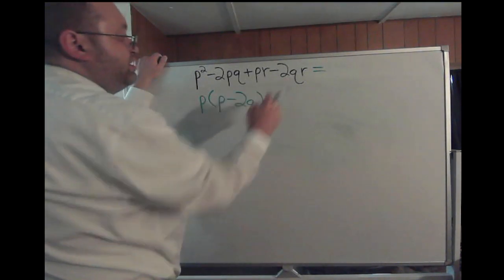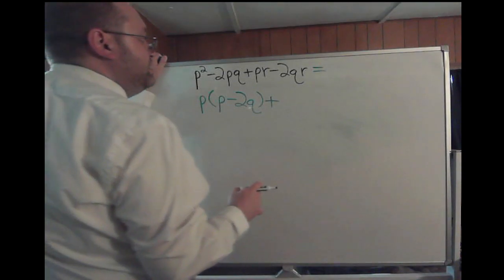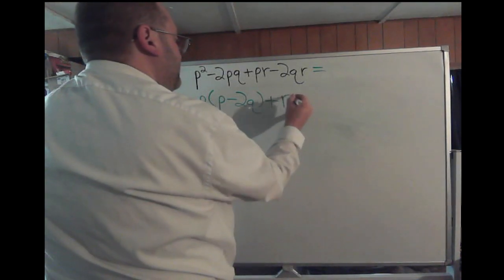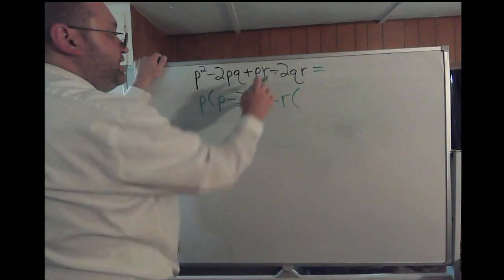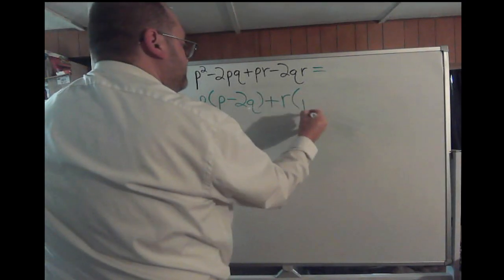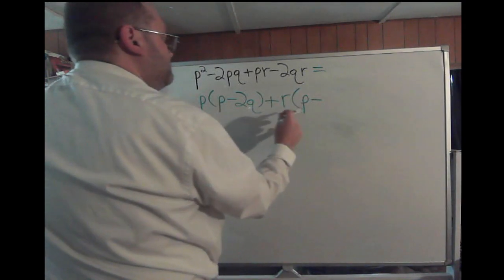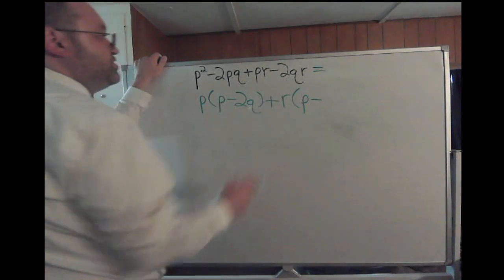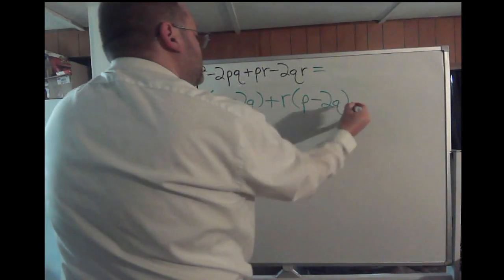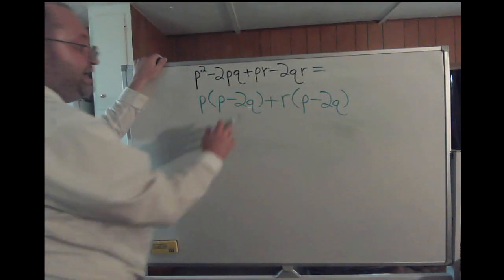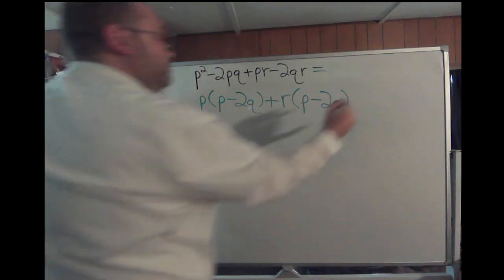Between those two terms, what do they have in common? They have an r. So then factor out your r. r times what equals pr? That would just be p. Minus, we have r times what equals 2qr? That'd be 2q. Now we have two terms that have a common p minus 2q.